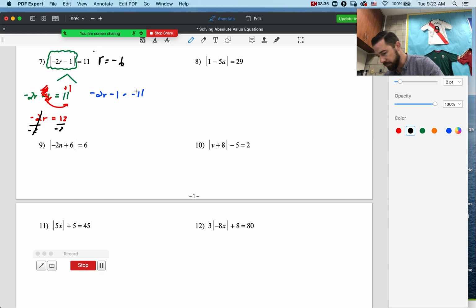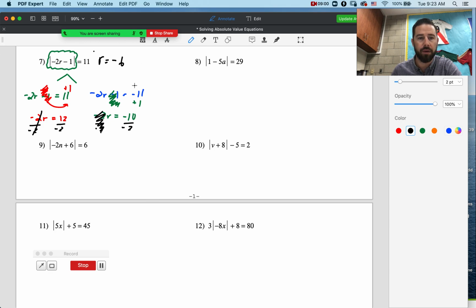Okay, perfect. Now over here, let's do the same thing. Plus 1, negative 2r equals, what's this going to be? Looks like negative 10 to me. Divide by negative 2 on both sides.